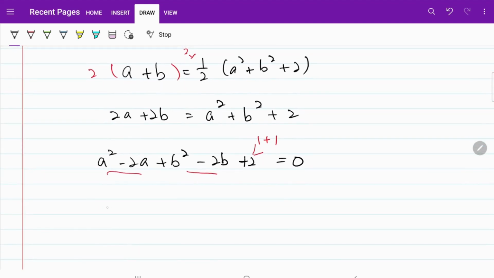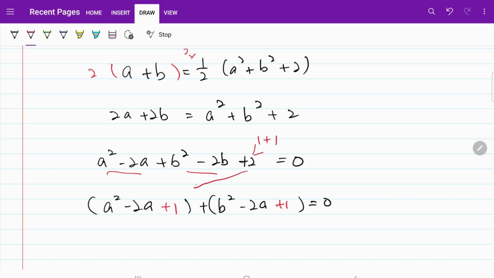It's going to look like a squared minus 2a plus 1 plus b squared minus 2b plus 1 equal to 0. In other words, I'm simply just breaking up the 2 and putting them into each of the brackets so that I can factorize each one of them.